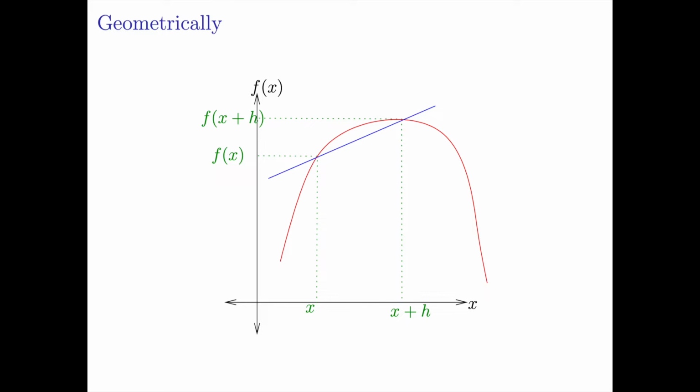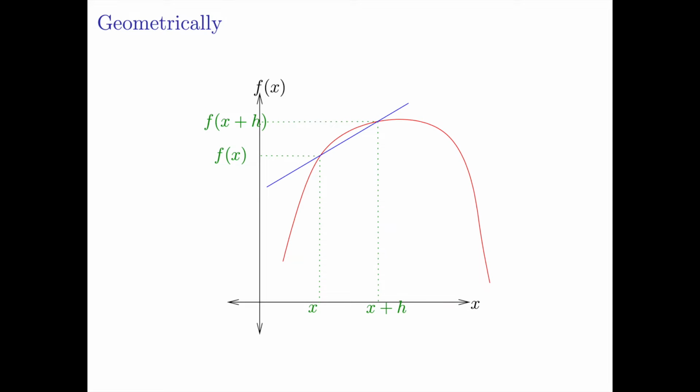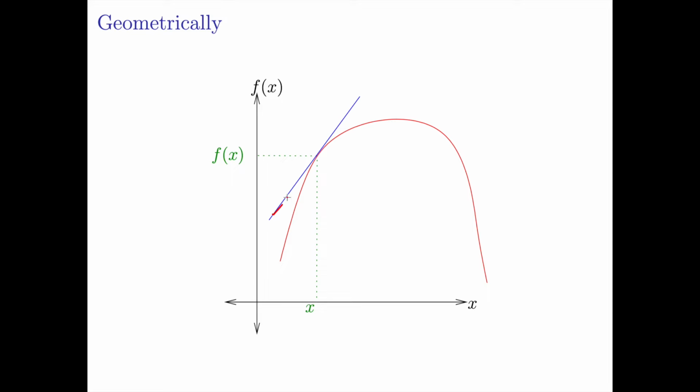Let's try and make h a little bit smaller. Now we've got the slope of this line. And we're going to keep going until h is so small that we can barely distinguish between x and x plus h. And that's when we're going to end up with this line here. And that line is what we call a tangent to the curve of f of x. So the curve of f of x is given by this, and this line, it just barely touches the curve of f of x at this point right here.